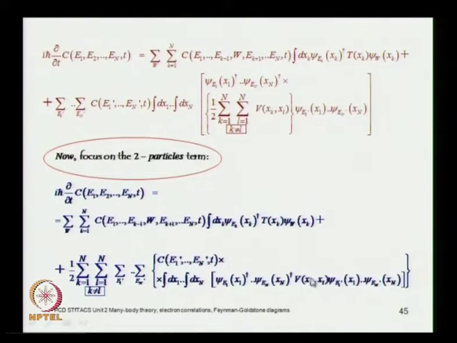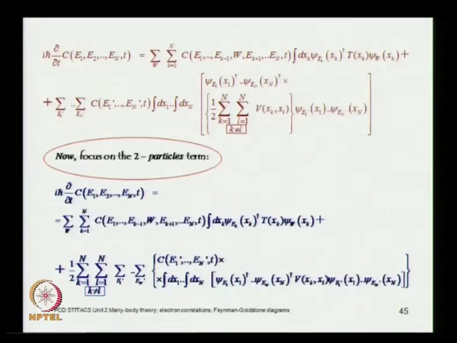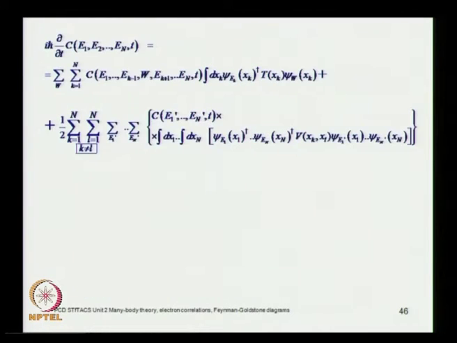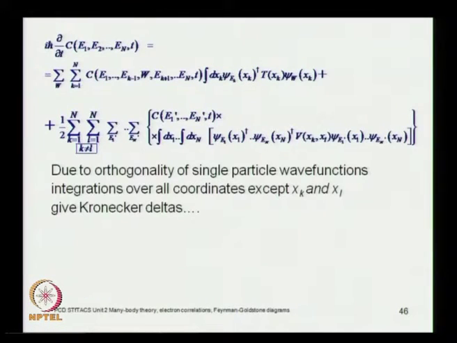Now, this two particle interaction connects only the coordinates xk and xl. So, whatever is neither xk nor xl is independent of this particular interaction, and those integrals can be factored out. They will give you essentially orthogonality integrals. So, we will exploit that now.